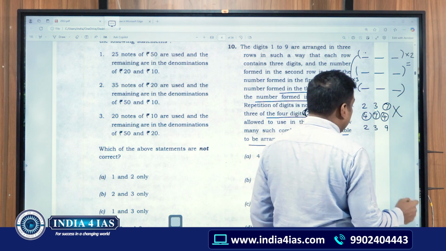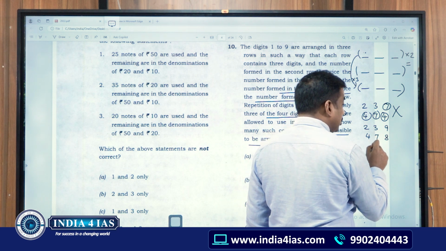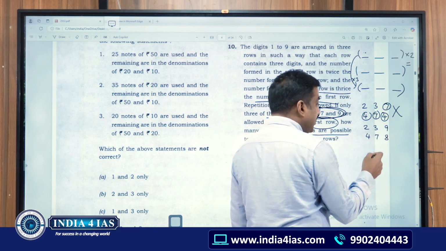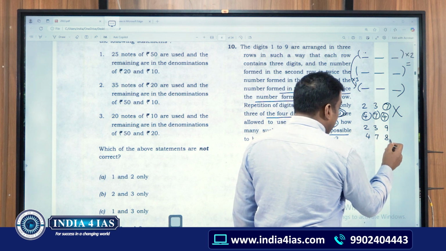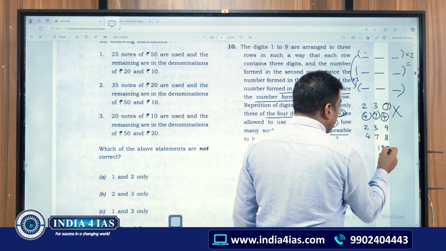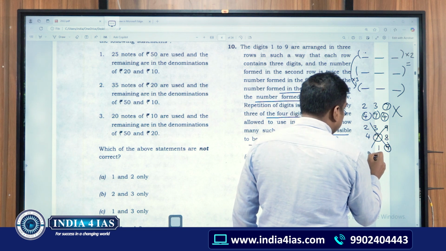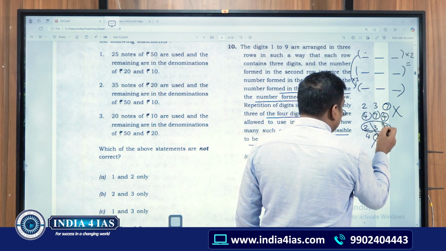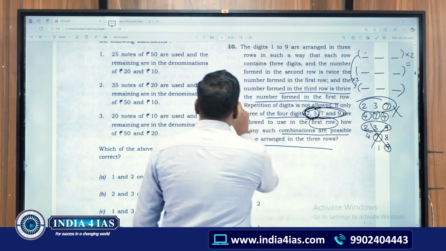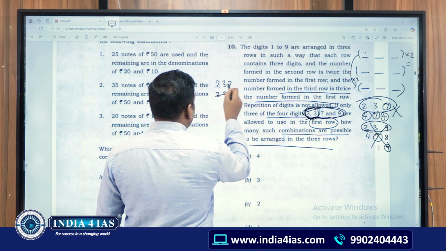And double this number, 4, 7, 8. Still holds good. Triple this number, 9 3s are 27, 3 3s are 9. So here repeating. So this is also not correct. So 2, 3, 7 is done. 2, 3, 9 is done. So they are not possible.